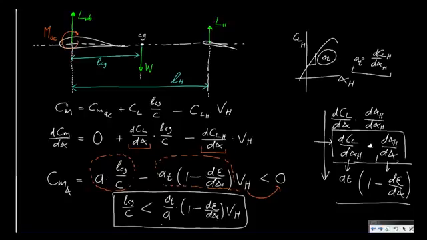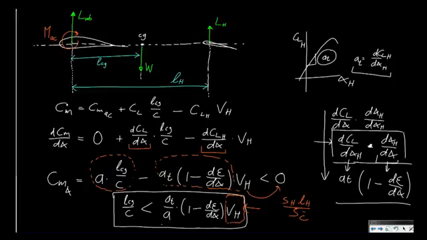And on this side of the equation, this VH is basically a design parameter. Remember, this was SH times LH divided by S times c, the tail volume. This is basically your aircraft configuration in one number. If you choose a certain distance to the tail or a certain size of your tail, this will influence this VH and therefore influence your stability.